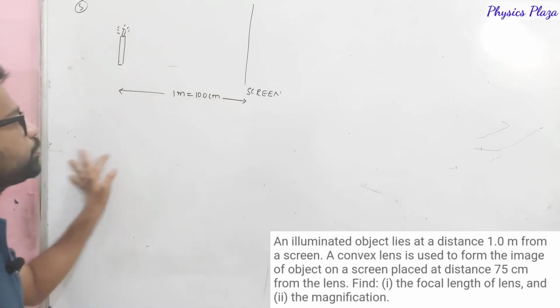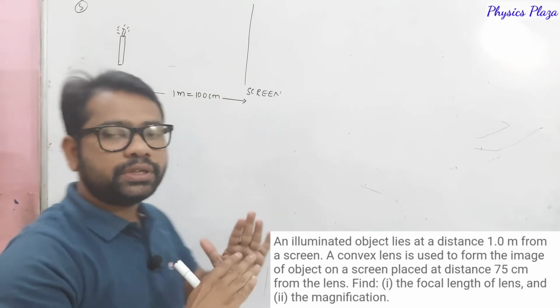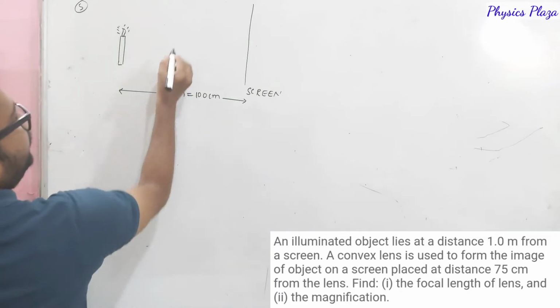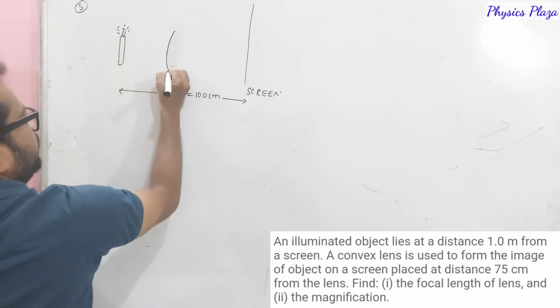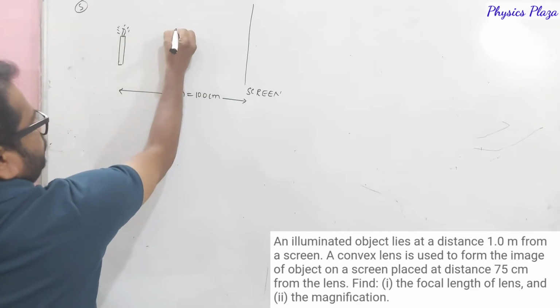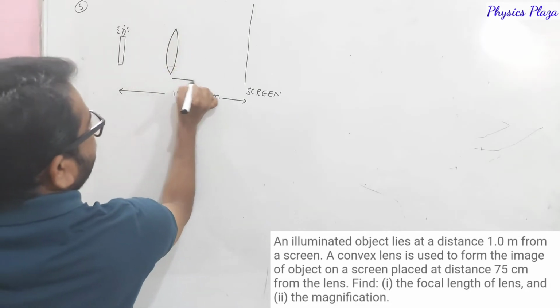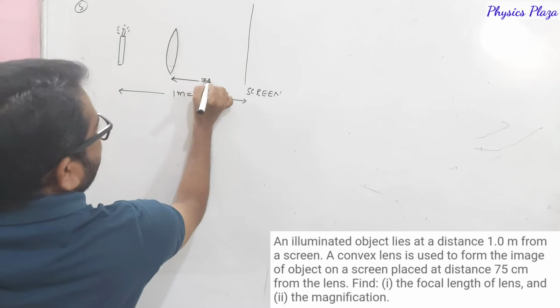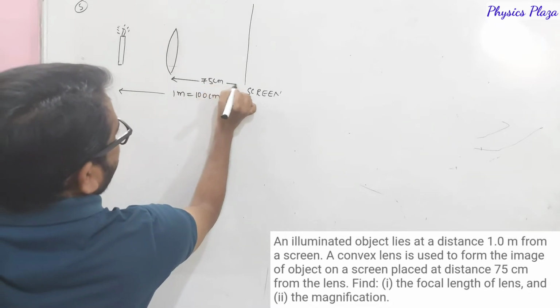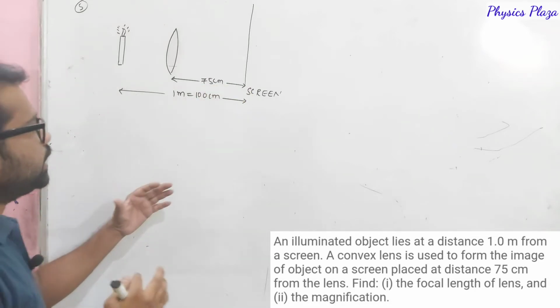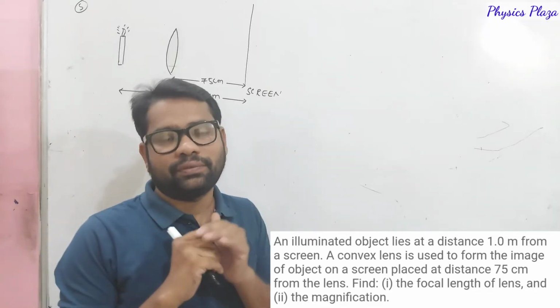Between the object and the screen, a convex lens is placed in such a way that this distance is 75 centimeters. Then they are asking us to calculate the focal length and the magnification.